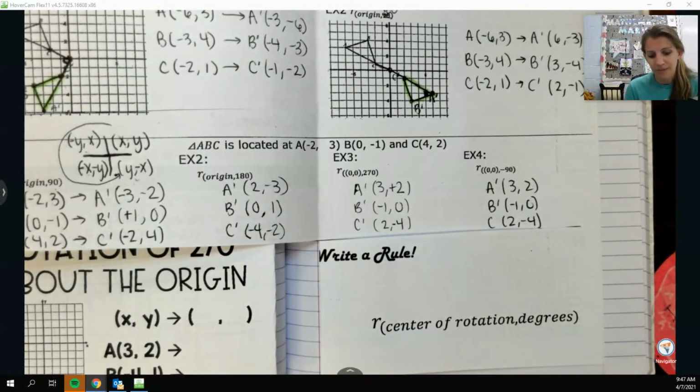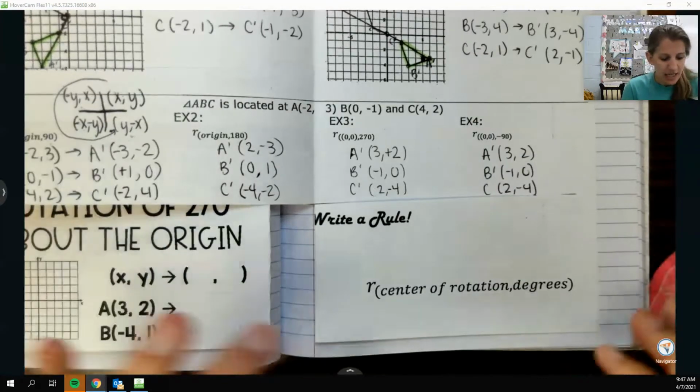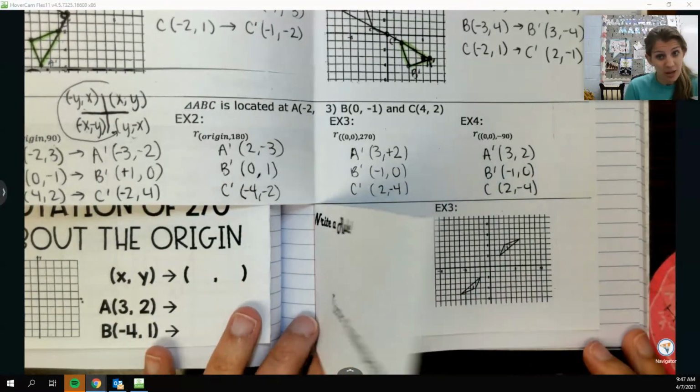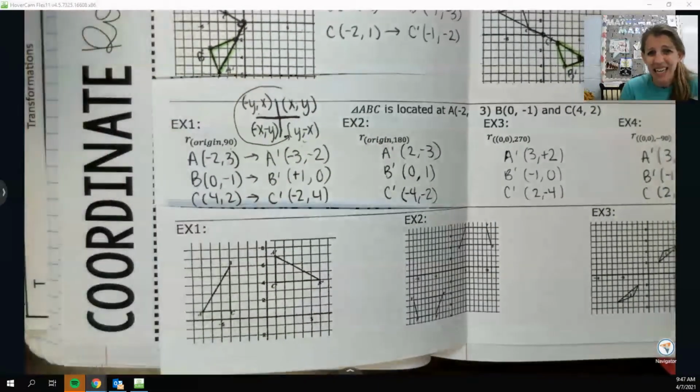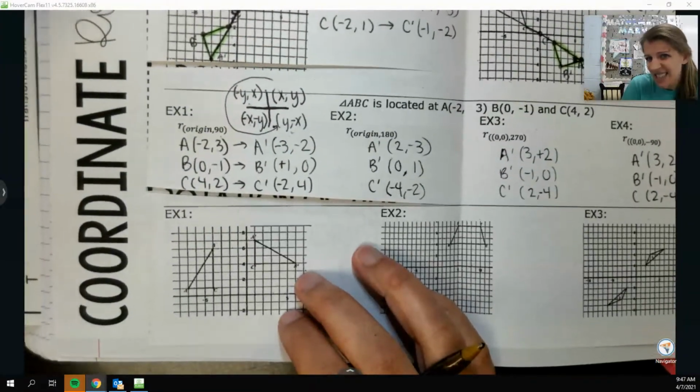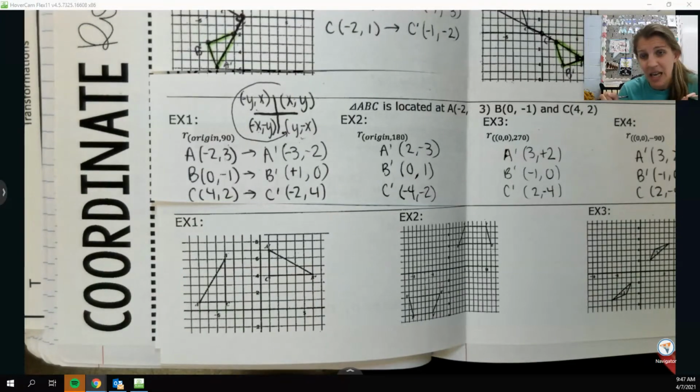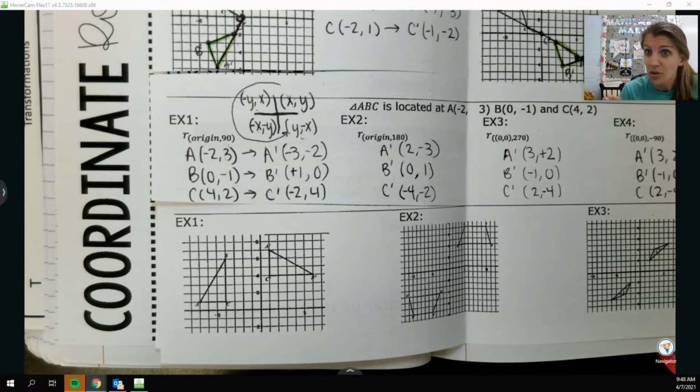So, all right, last but not least, if I'm already looking at the pre-image and image, and I need to figure out how they rotated, it's kind of not so bad, I feel like, because you kind of just have to count how many quadrants you moved.